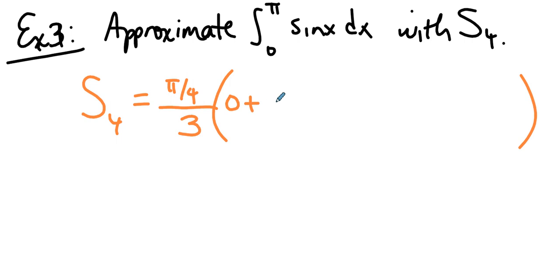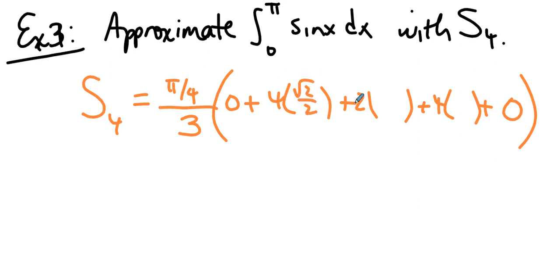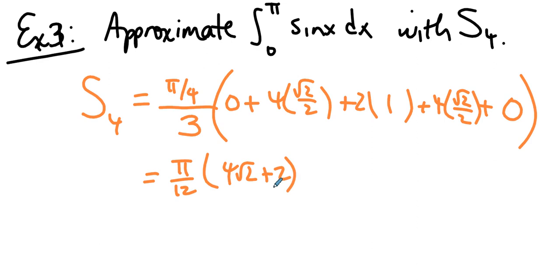So then it's first, last, and then 4, 2, 4. And this turns out to be pi over 12 times (4 radical 2 plus 2), whatever that is.